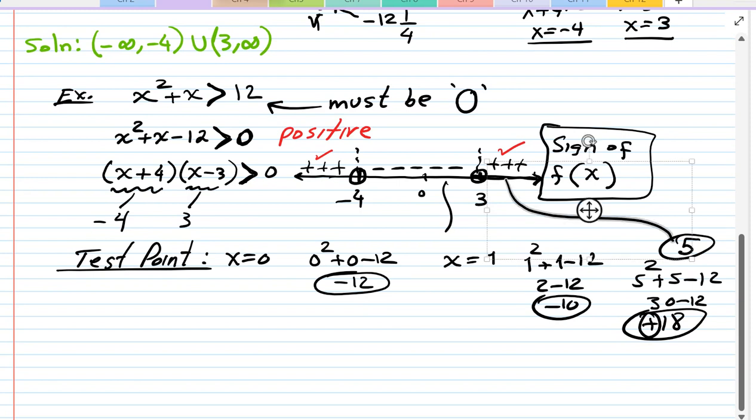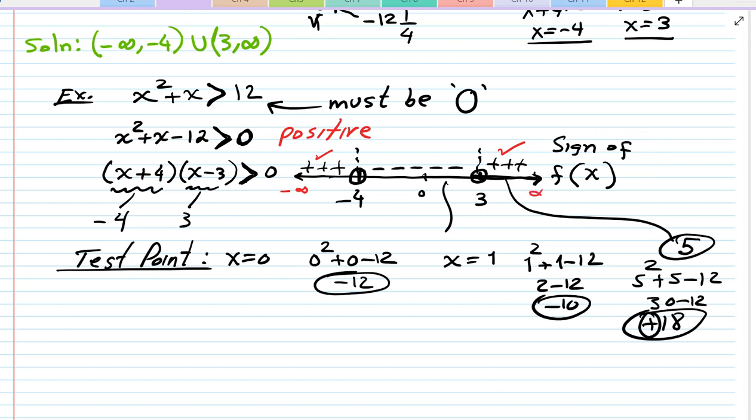So the solution, and if I kind of throw in infinities on both ends of the number line here, then I'm looking at the interval notation using the graph. This segment of the number line as part of the solution is all positive, means the function will take on positive values there.